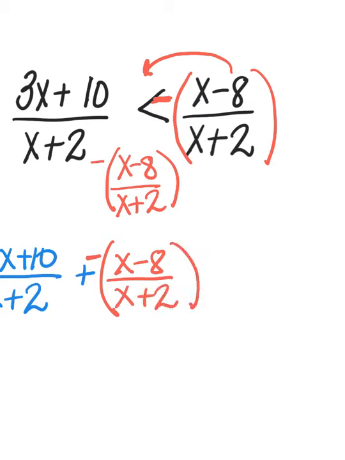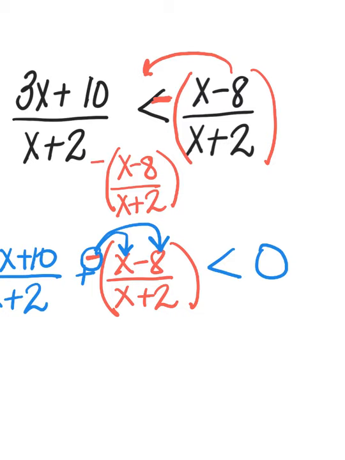And now it's less than 0 because I zeroed it out. Okay, so now what I'm going to do is take this negative and do a sign changer to both terms in the numerator. Right, I'm distributing it to the numerator. That's where I'm going to put that negative.